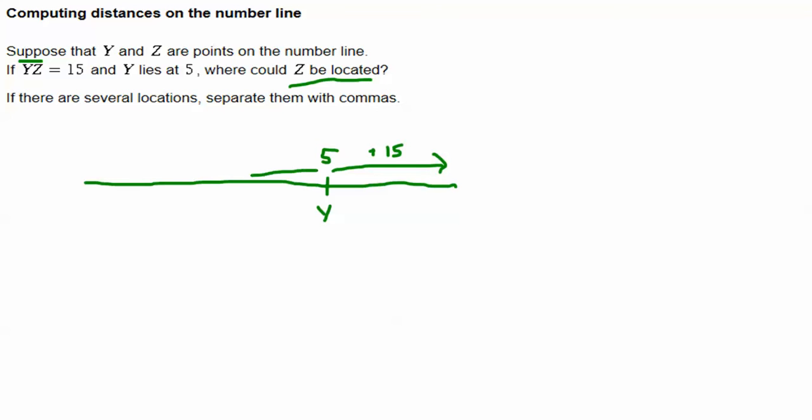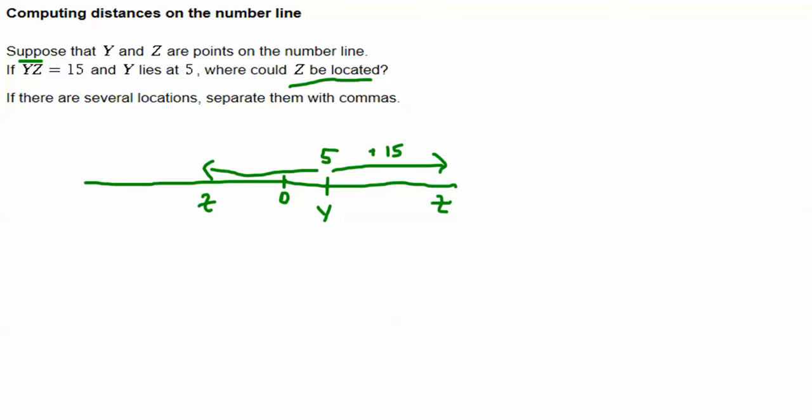Or Z could be 15 units this way. I'm going to put 0 in here just so that you've got an anchor. You can kind of get your bearings about the number line.